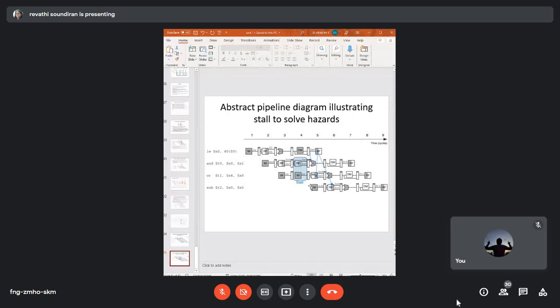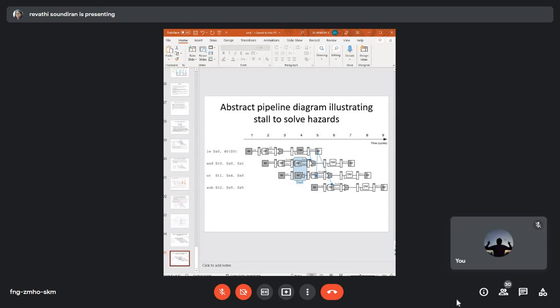Now you can see that stalling stalls the dependent instructions. Here the dependent instructions are the AND and the OR. We are not bothered about the subtract because it starts its execution after the completion of this entire cycle, so it does not become a problem. Only the AND and OR instructions have the problem of this data dependency.